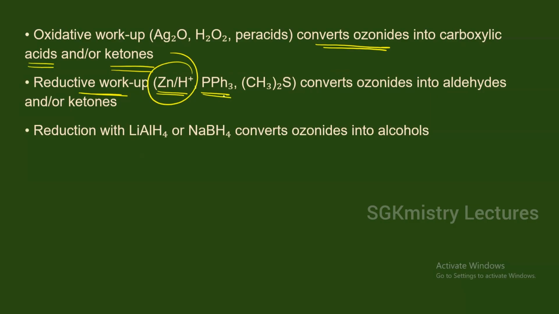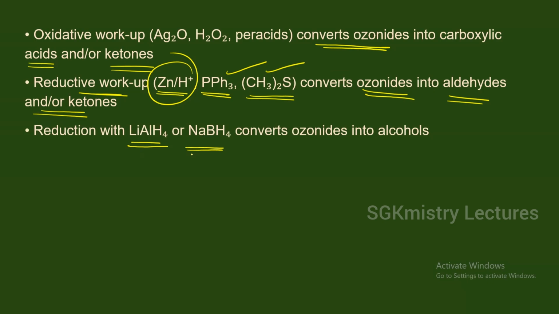You can use PPh3, triphenyl phosphine, or dimethyl sulfide, where ozonides are converted into aldehydes and or ketones. Based on the R groups that you have taken, you get the respective carbonyl compounds. Instead of these reducing agents, if you're using lithium aluminum hydride and sodium borohydride, then you're going to convert the ozonides into alcohols. So please remember these three variants with respect to the ozonides, how they can be converted into the final products. Right.